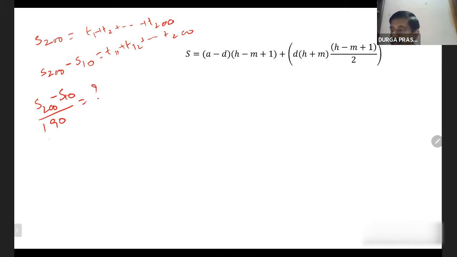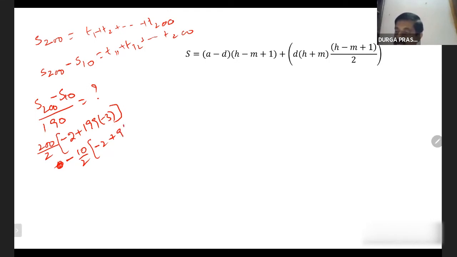S200 is n by 2 into 2a. So a we got as minus 1, so 2a means minus 2, plus 199 into the common difference, minus 3. And S10 is 10 by 2 into 2a, minus 2, plus n minus 1, so 10 minus 1 is 9, into the common difference, minus 3.